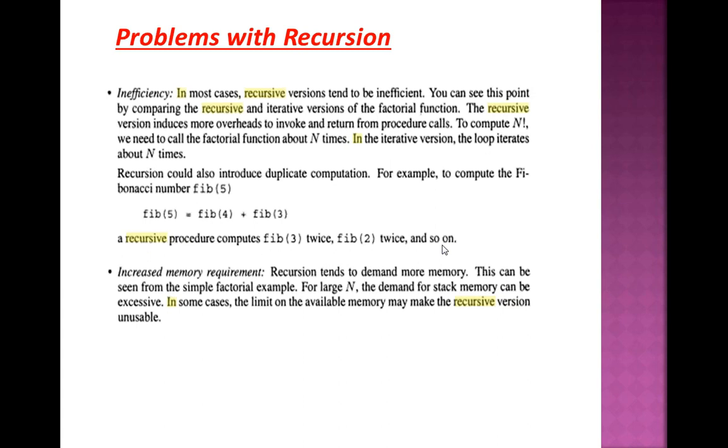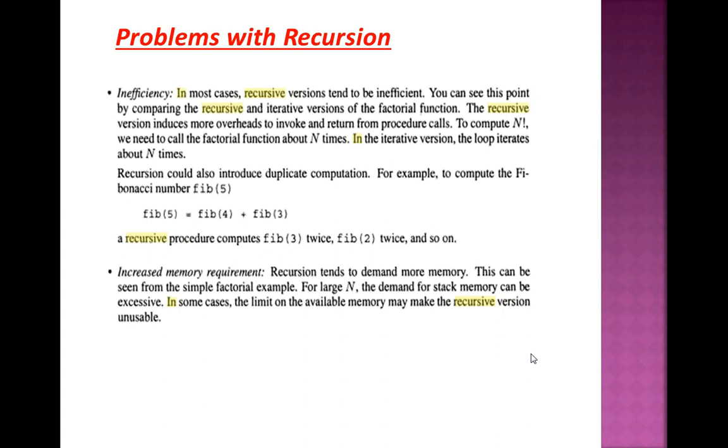This can be seen from the simple factorial example. For large n, the demand for stack memory can be excessive. Whenever we use n, the demand for stack memory increases because I have to find the factorial of n, so the requirement for stack memory will increase automatically.